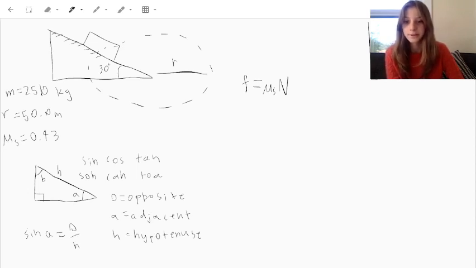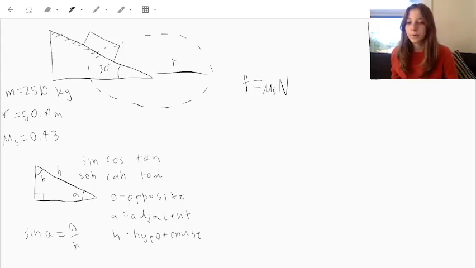T for tangent, and the sides you want. So it's going to be a function of the angle, and then a side as the numerator, and a side as the denominator. These are always going to be ratios. So no matter the size of the triangle, as long as it has the same angle, it's going to have the same sine, cosine, tangent ratios.